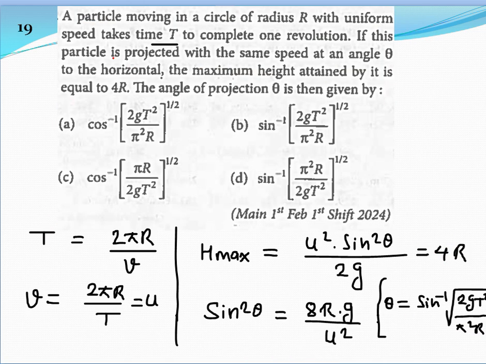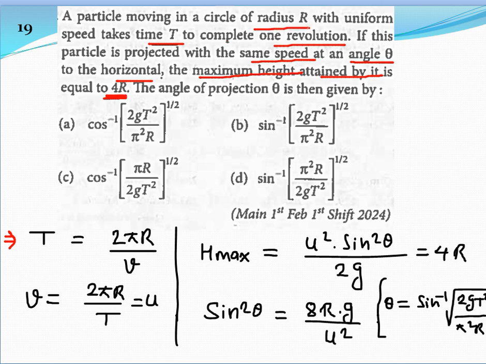Come to question number 19. In this question, they are explaining that a particle moving in a circle of radius r with uniform speed takes time t to complete one revolution. So time taken in completing one revolution is 2 pi r by v. Now, if this particle is projected with the same speed at an angle theta with the horizontal, the maximum height attained by it is 4 times the radius. Do not get confused between r and horizontal range.